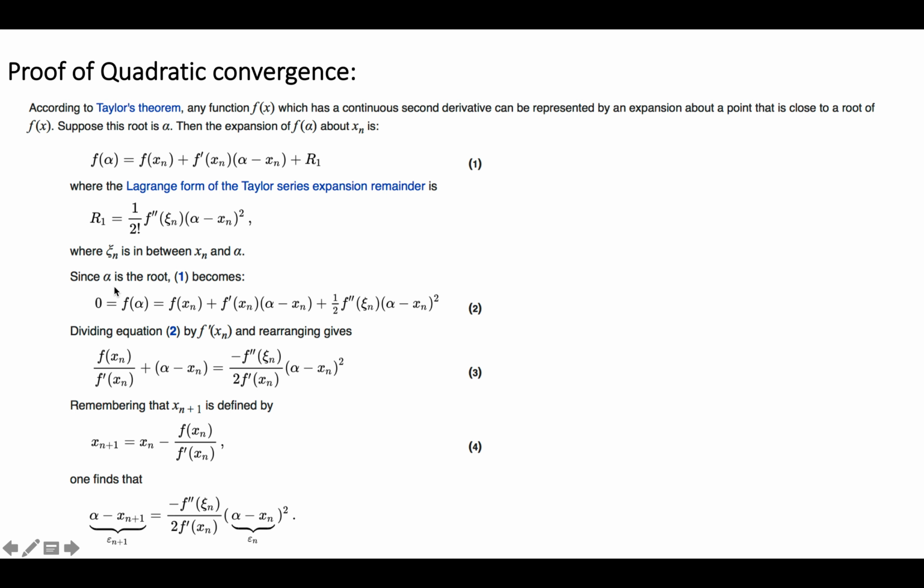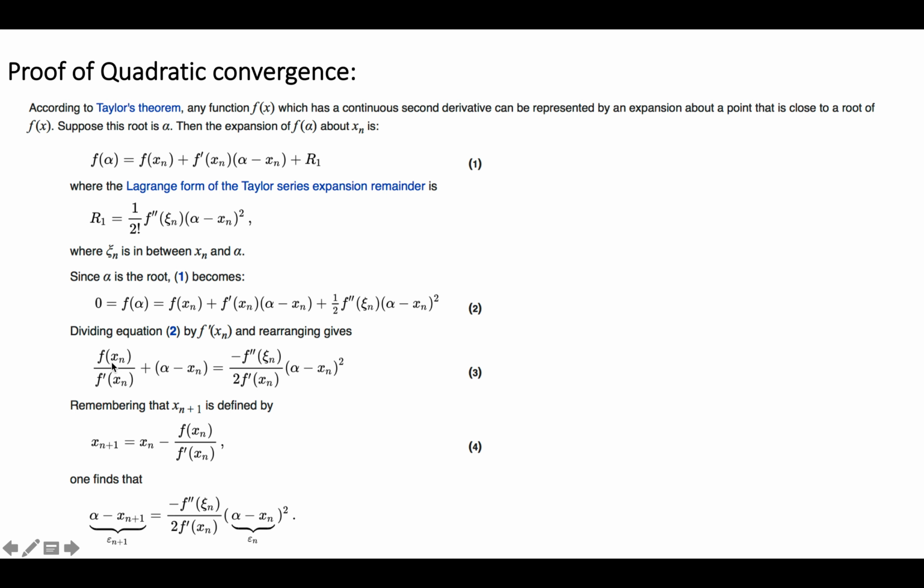Now since alpha is the root, the left hand side of equation number 1 is 0. So we put f(alpha) equal to 0 in equation number 1, and now we divide equation number 2 by f prime(xn). So we divide both sides, left hand side and right hand side, by f prime(xn).